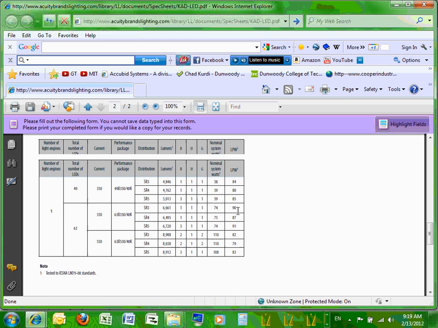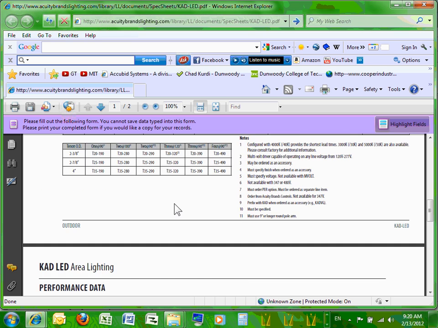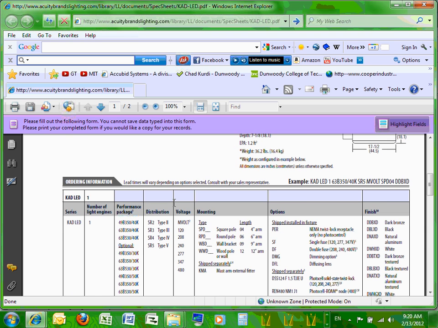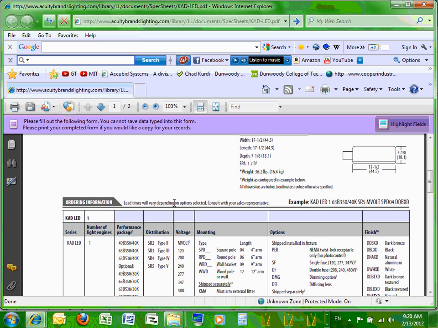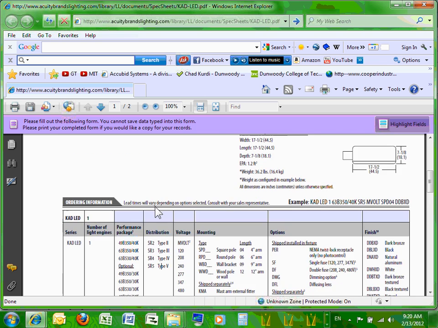So that's the number of lighting, total number of LEDs. Okay, here's a good one. If you are using SR3, here's how much lumen you can get out of one light, guys. So they give you more information about this lighting fixture. But really, my only interest here in this fixture is the distribution pattern.